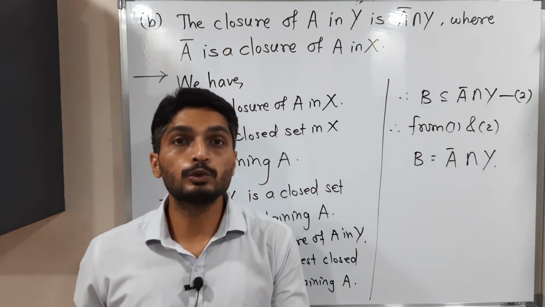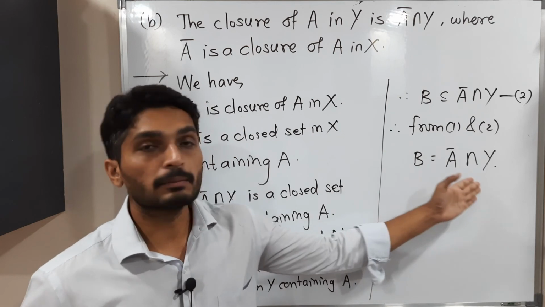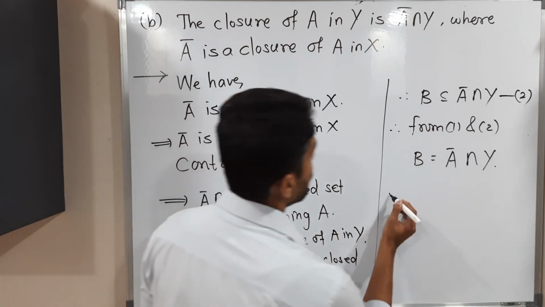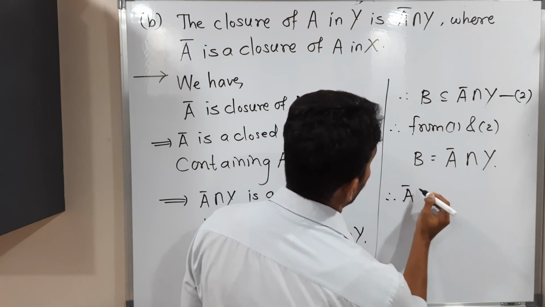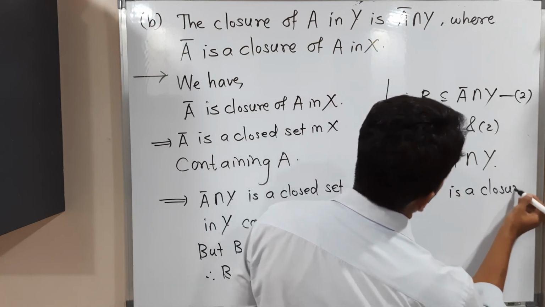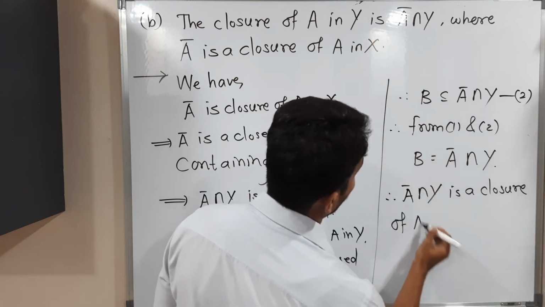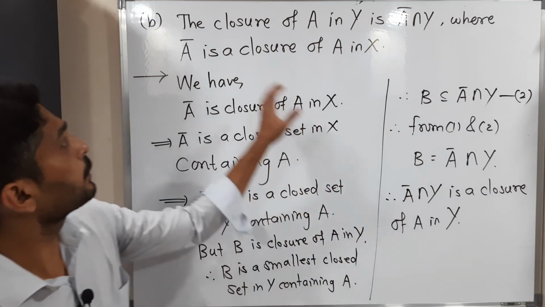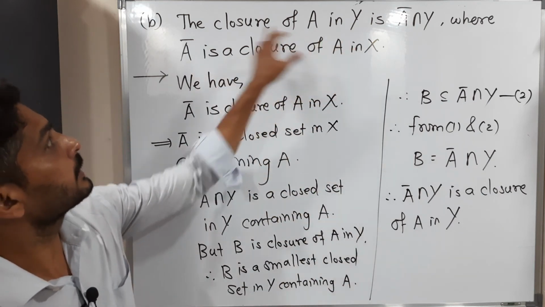B is the closure of A in Y. So that's why we can declare A bar intersection Y is also the closure of A in Y. So in this way we proved, yes, A bar intersection Y is the closure of A in Y.